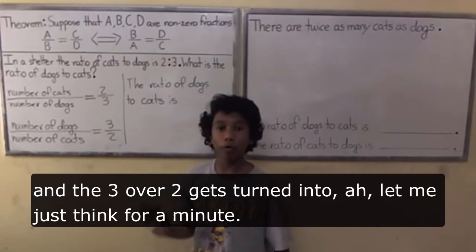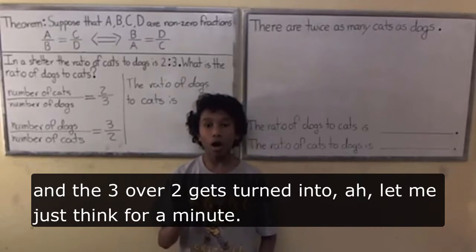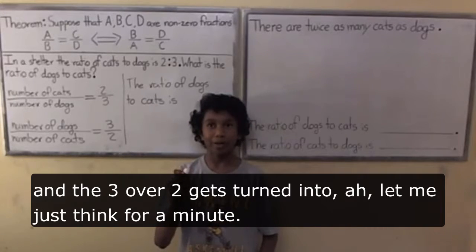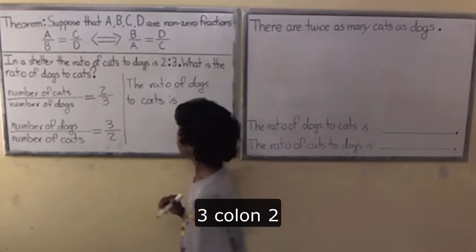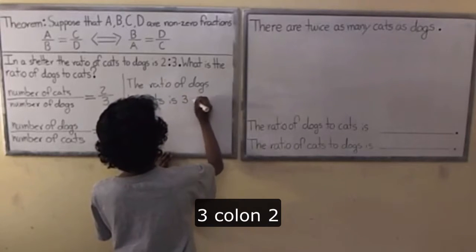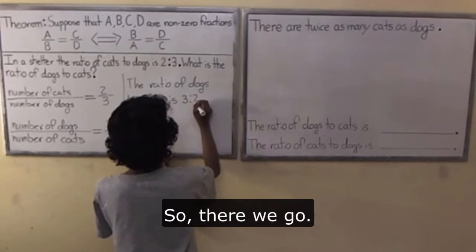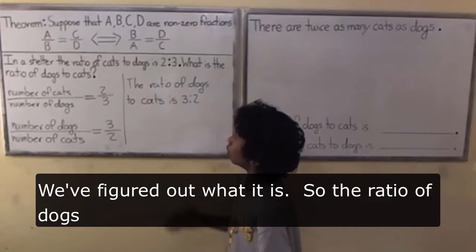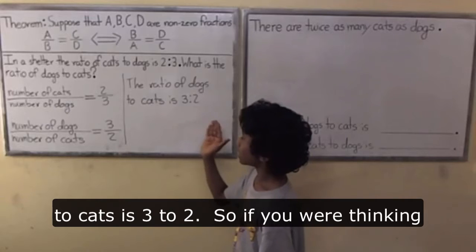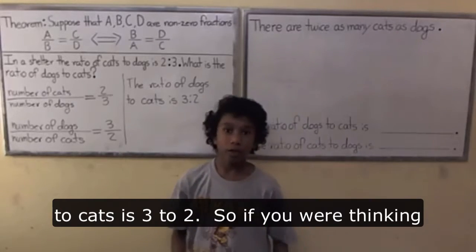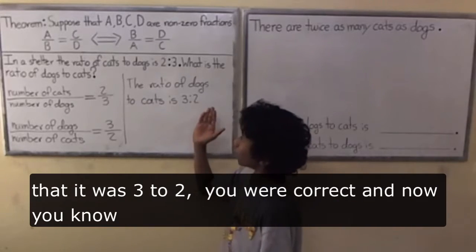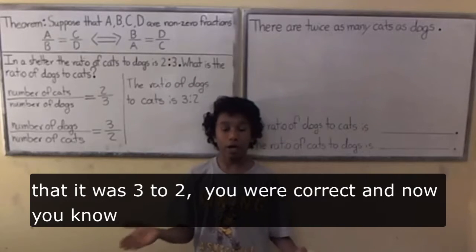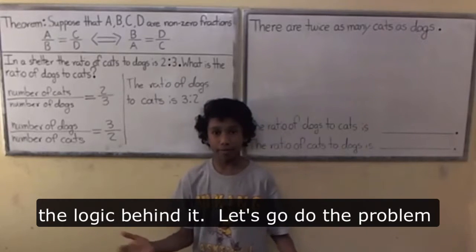And the 3 over 2 gets turned into, let me just think for a minute, a 3 colon 2. So there we go. We have figured out what it is. So the ratio of dogs to cats is 3 to 2. So if you were thinking that it was 3 to 2, you are correct. And now you know the logic behind it.